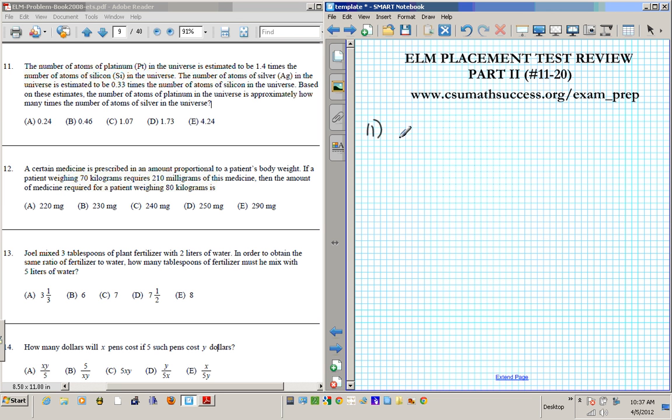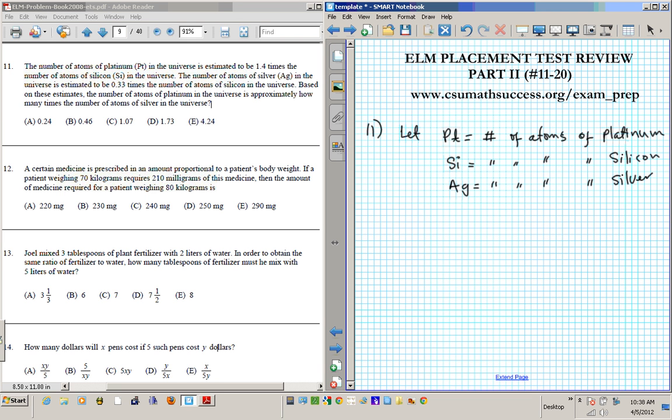So let's say I want to declare my variables. Let PT be the number of atoms of platinum, SI the number of atoms of silicon, and AG the number of atoms of silver.